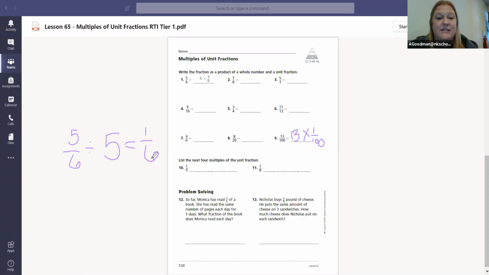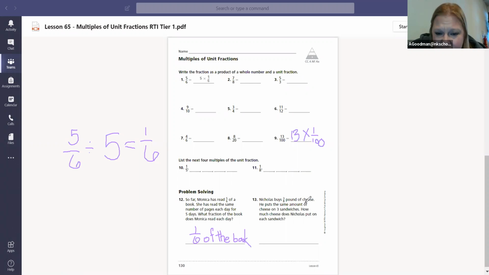So there's gonna be 1/6 in each group. What fraction of the book does she read each day? She reads 1/6 of the book. Try to keep it off the line. Okay.